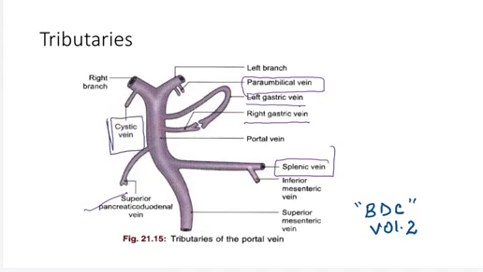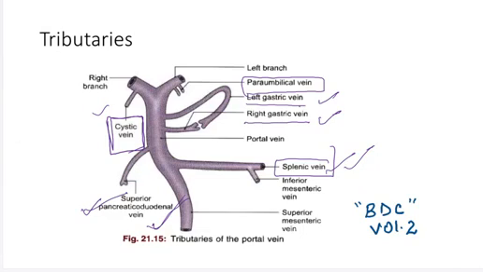So what are the different tributaries of the portal vein? They are the left gastric vein, right gastric vein, superior pancreaticoduodenal vein, paraumbilical vein, cystic vein, splenic vein, and the superior mesenteric vein, out of which the splenic vein and the superior mesenteric vein are the formative tributaries. That is, they form the portal vein. So this was about the tributaries of the portal vein.